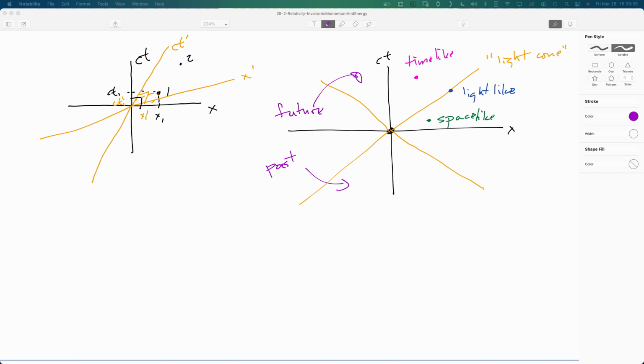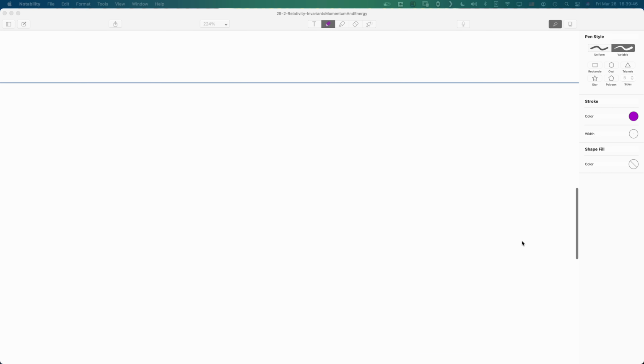All right. So we'll come back to invariance in a bit when we do momentum and energy, but let's go ahead and start thinking about relativistic momentum.